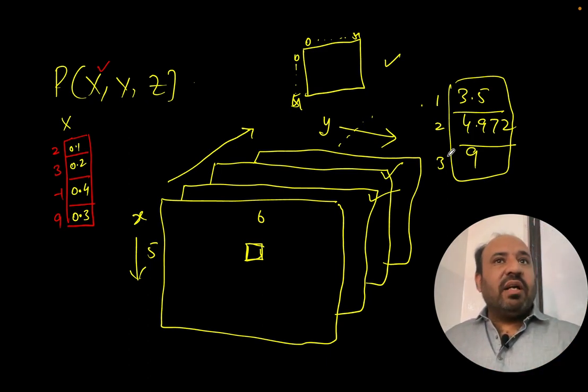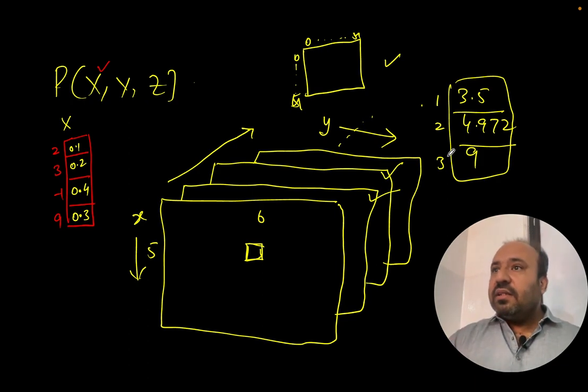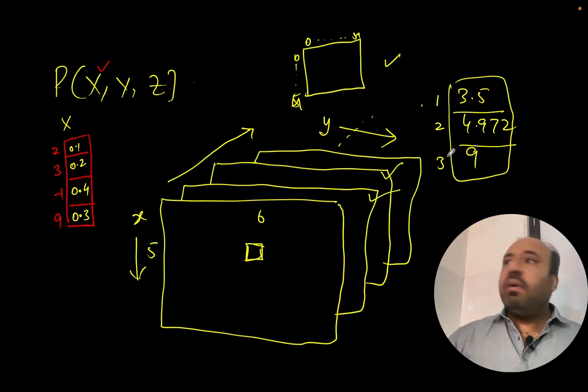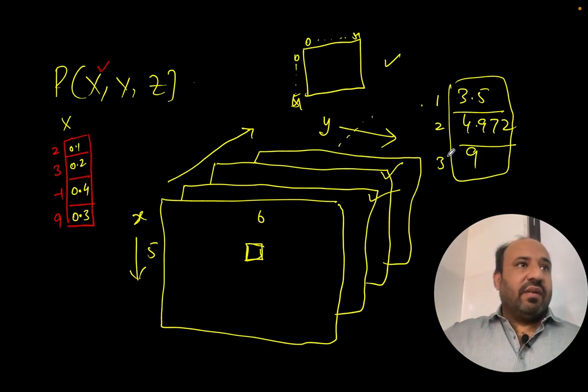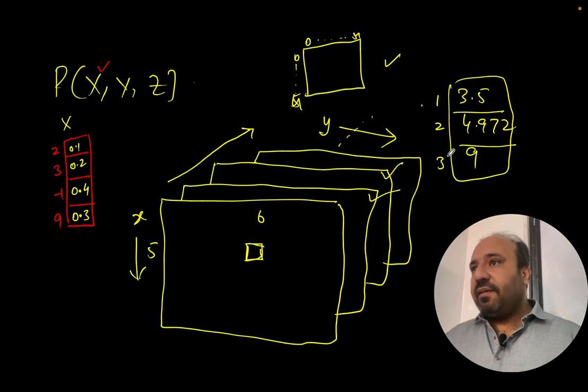The data type can be integer, floating point, string, character, anything. If you can arrange them in an array, maybe an infinite array if the data set is infinite, then the data set is called discrete.